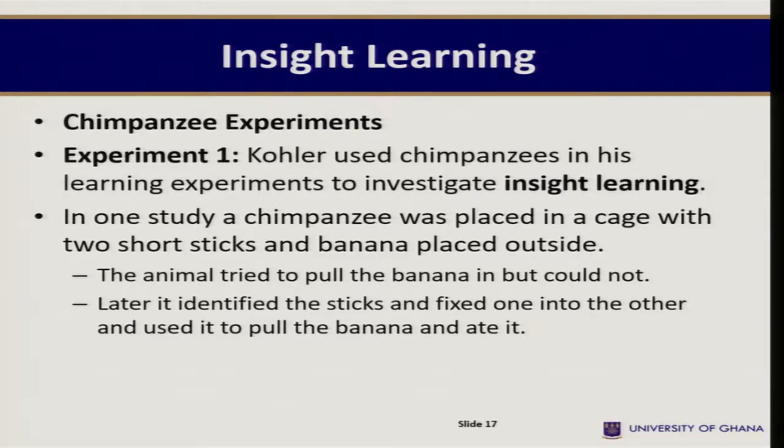With the 2 sticks placed in the cage, it finally identified that it could fix one stick into the other, and use it to get the length needed to pull the banana. And it did that and ate it. So it was a sudden discovery by the chimpanzee. This is an example of insight learning.